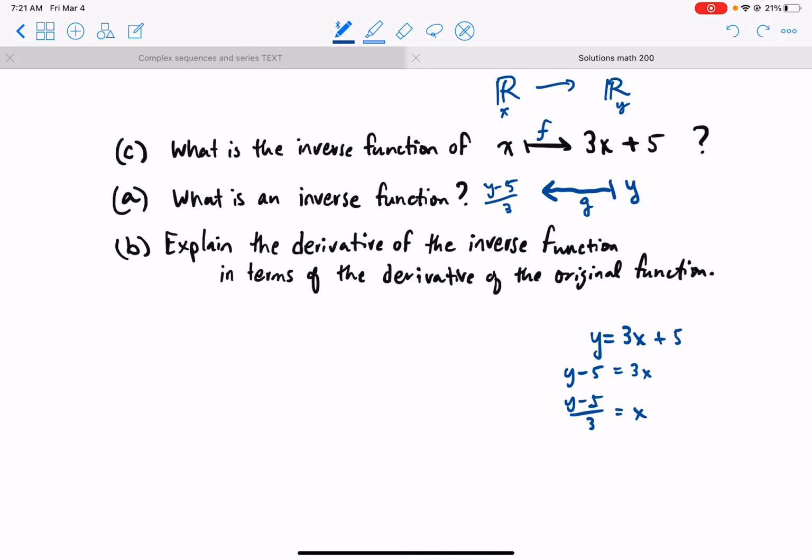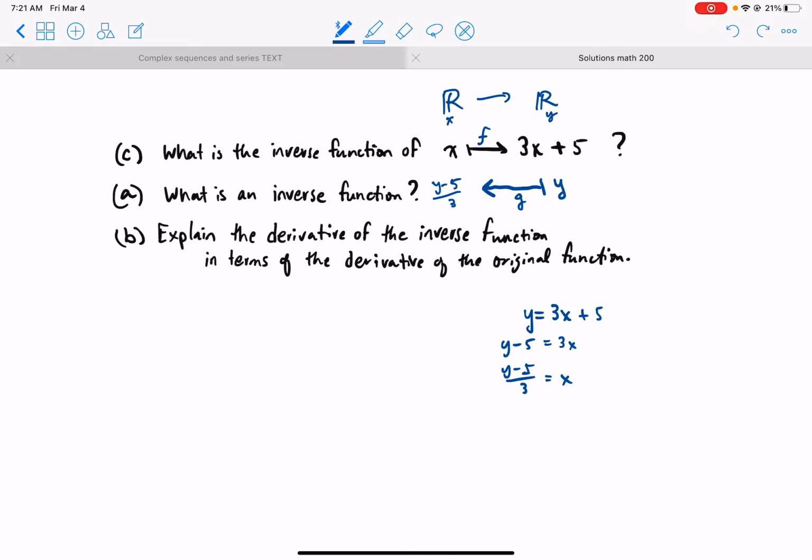And why is that? Well, if I take x and send it by f, and then take the result and send it by g, what will happen? 3x plus 5, that's f of x.